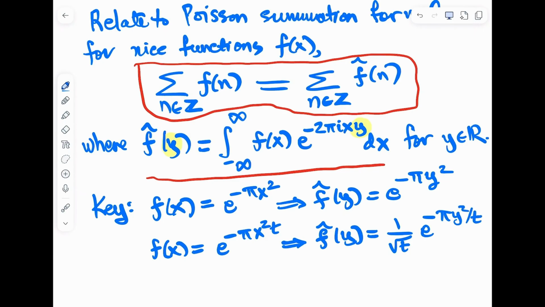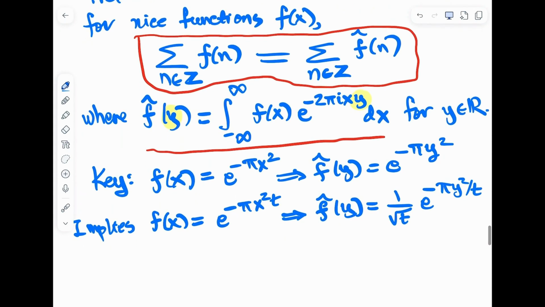When t is 1, you get back to the first statement. When you know the function is its own Fourier transform, if you rescale it, the Fourier transform of this rescaled thing can be calculated out.